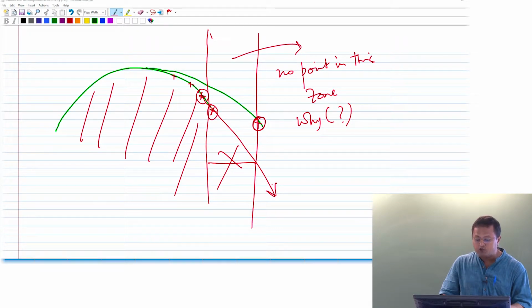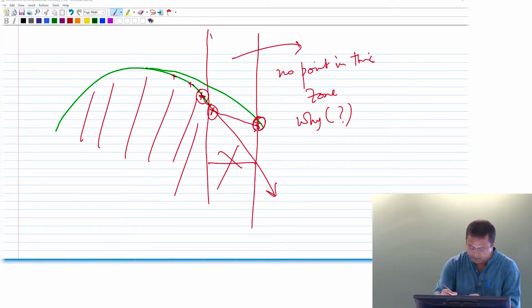If it is going to make a left turn to hit, let me name them P I, this is P I minus 1, this is P I minus 2.